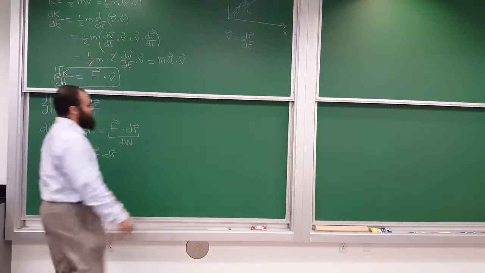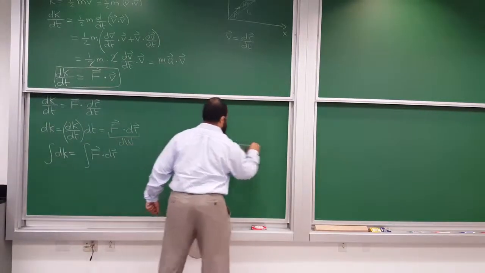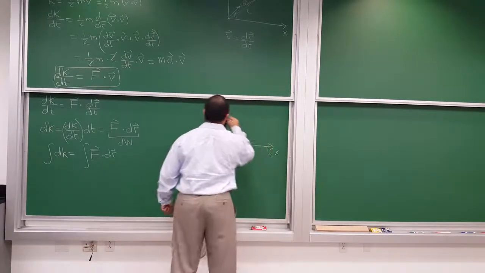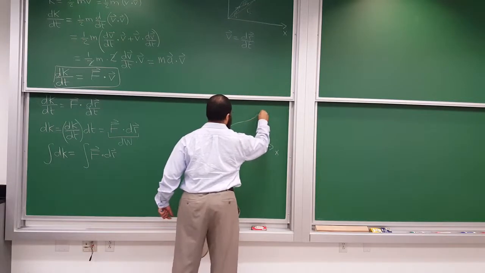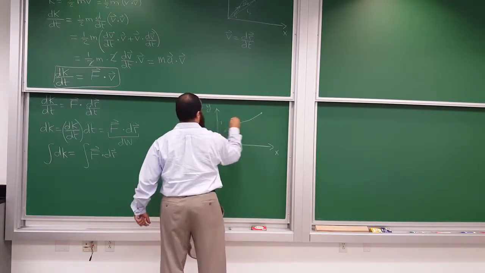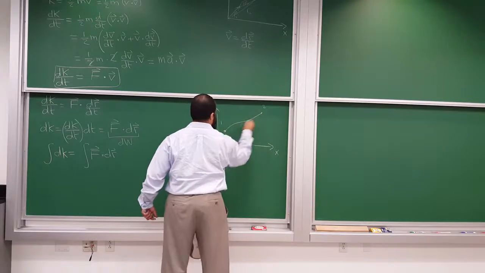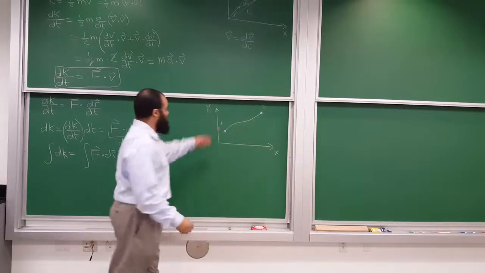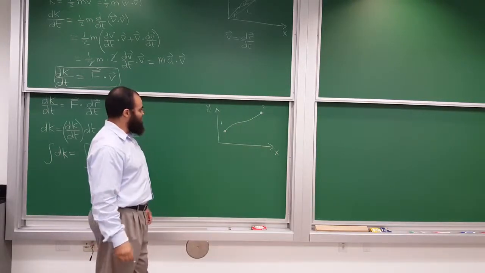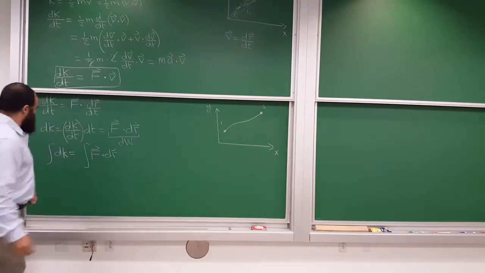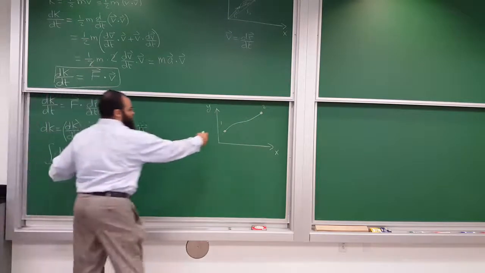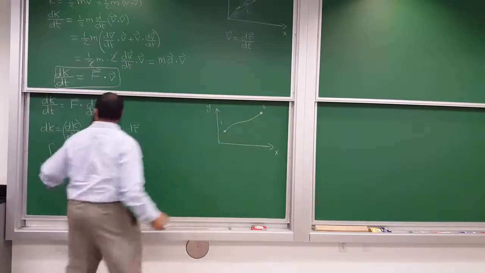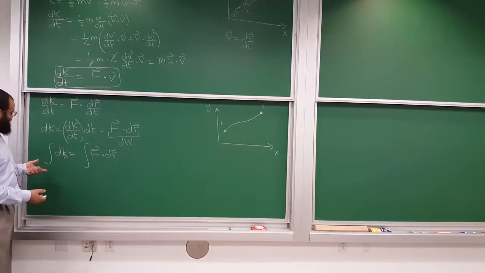So remember what we're doing. This is x, this is y, and we're moving from point 1 to point 2 along a certain path. Let's say the kinetic energy at this point is K1 and the kinetic energy at the end point is K2. So the integral of dK is K evaluated between points 1 and 2.